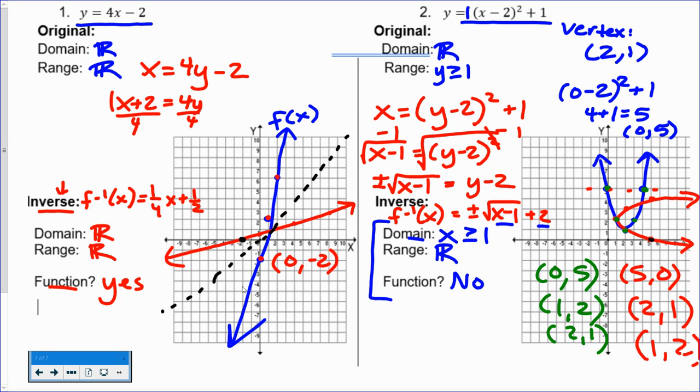Which I already have my 5, 0, my 1, 2, my 2, 1, and then we can get the other points as well. Okay, so a couple different ways you can graph that inverse. Okay, it's a lot of stuff.